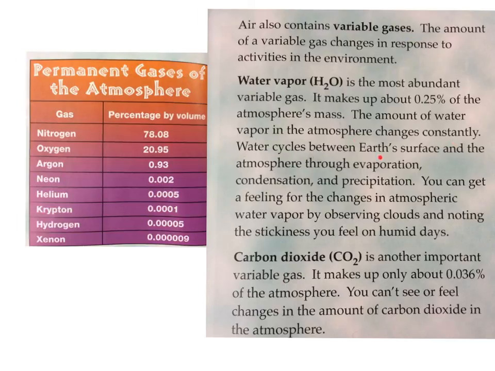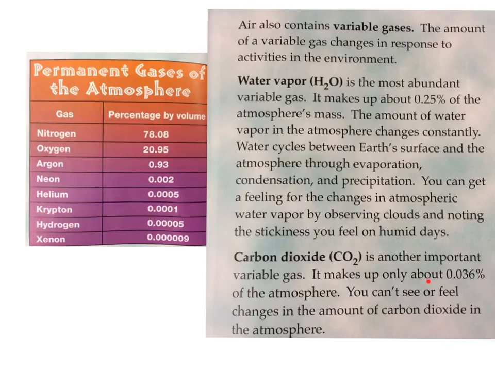Water cycles between Earth's surface and the atmosphere through evaporation, condensation, and precipitation. You can get a feeling for the changes in atmospheric water vapor by observing clouds and noting the stickiness you feel on humid days.